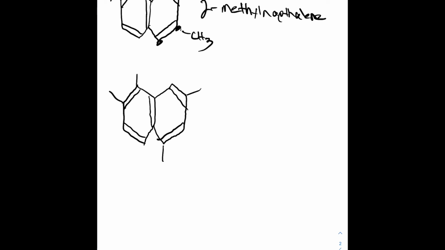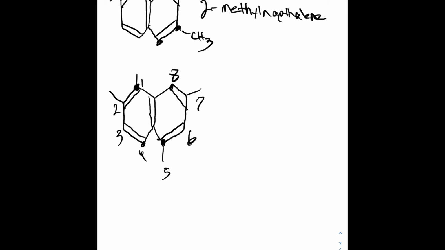So in this situation, this right here would be the number one carbon. Number 2, 3, 4, 5, 6, 7, 8. Numbering always starts on this carbon here, and it's going to be relative to the compound itself because the compound is symmetrical, and relative to the substituents that are on the compound.